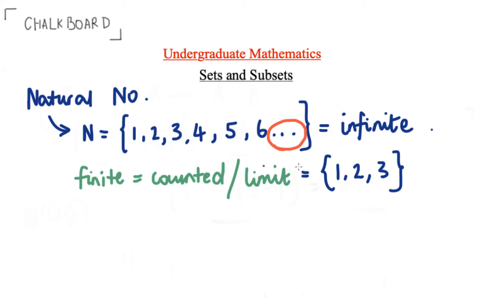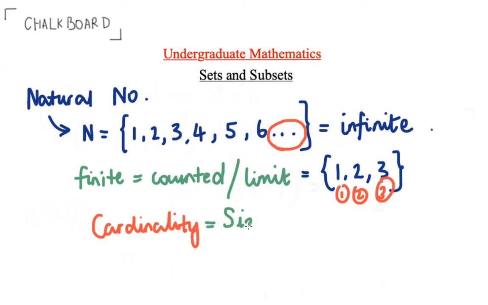Also notice the number of elements in the set. This is referred to as cardinality. Now what's cardinality? Well, cardinality quite simply is the size or the number of elements in said set. So let's use this as an example.